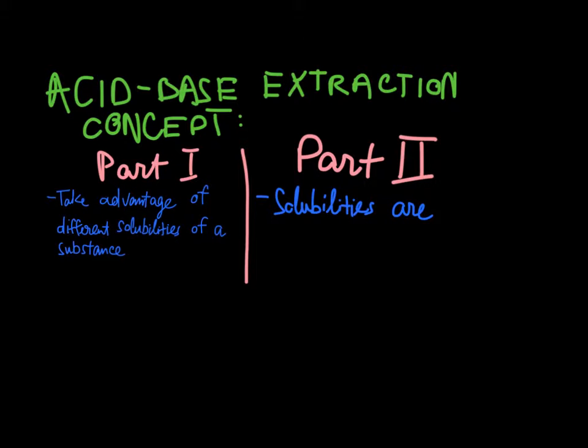However, in extraction part 2, the concept of liquid extraction was modified a little bit. In extraction part 2, the solubilities are controlled instead of being taken advantage of, like in part 1.